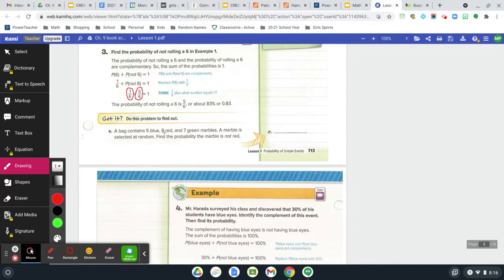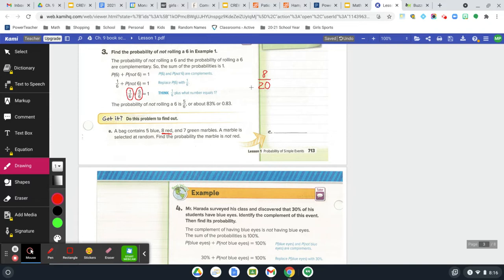We see here in the story that 8 of the marbles are red, and so I'm going to write that down. I'm putting 8 out of 20. The reason why I'm putting 20 is I'm adding these marbles up. So 5 plus 8 plus 7 gives you a total of 20 marbles in that bag.